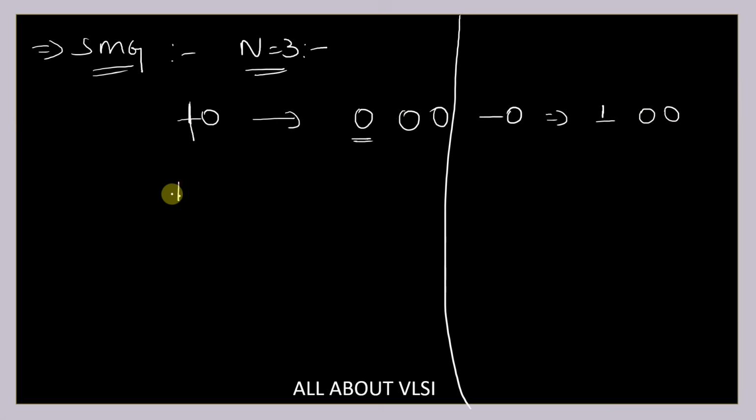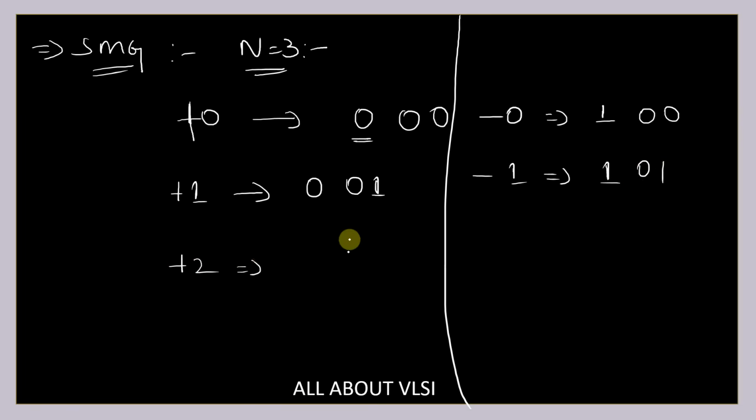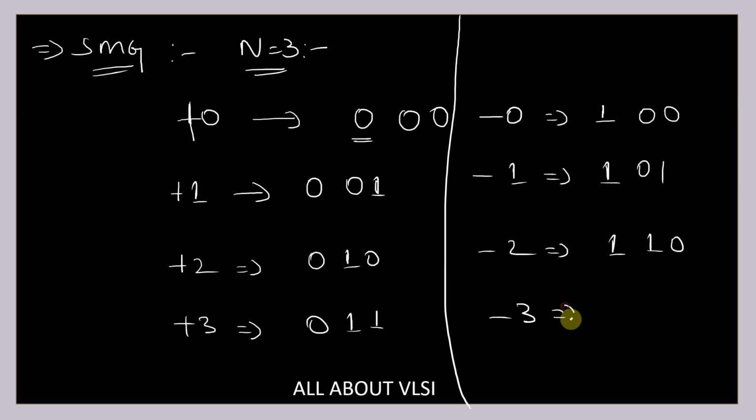Next, plus 1 is represented as 001 and minus 1 is represented as 101. Plus 2 is 010 and minus 2 is 110. And plus 3 is 011, and minus 3 is 111.